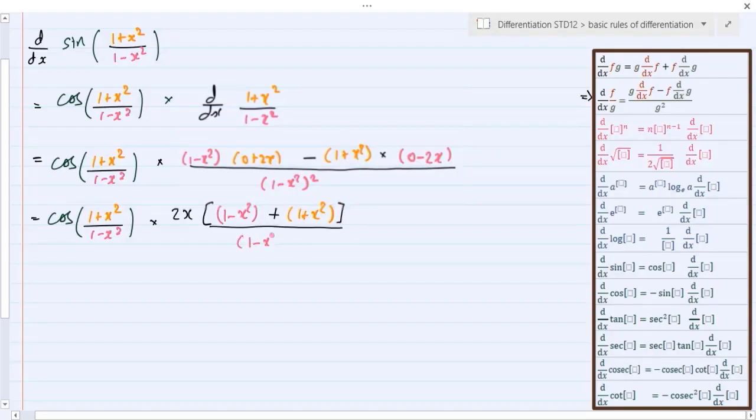Your 1 minus x square the whole square still remain as it is. Now this x square will cancel out, 1 plus 1 become 2. So 2 into 2x will be 4x, and rest of the terms will remain as it is. So tada! This is your final answer.